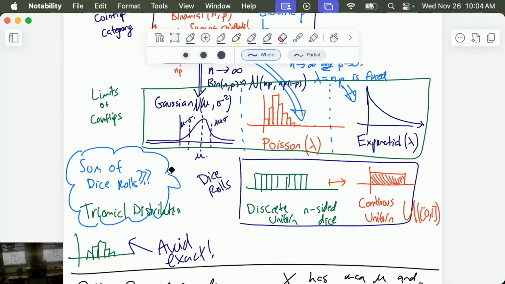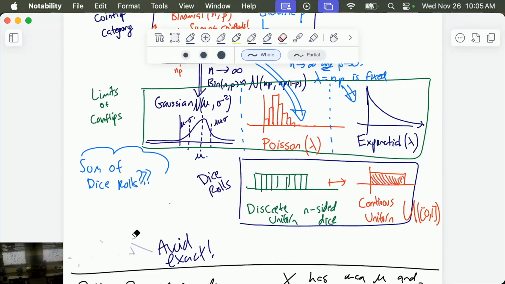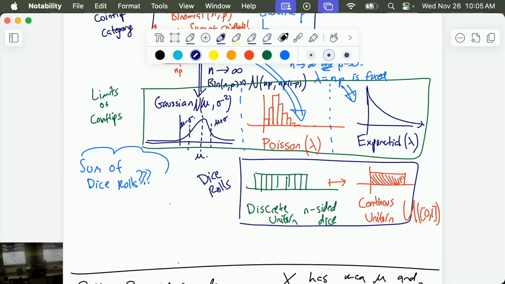So here is one of the coolest facts in the whole universe, and might legitimately be up there for my favorite theorem. It works not just for the sum of dice rolls, but the sum of any random variable.